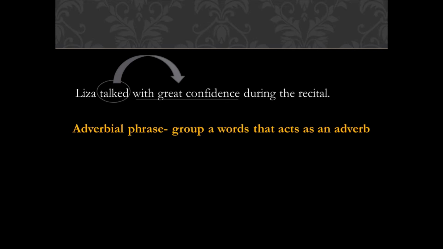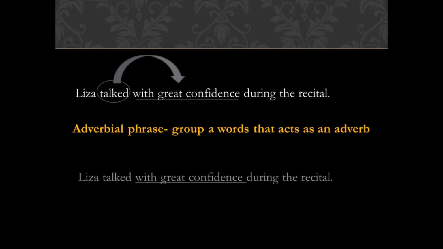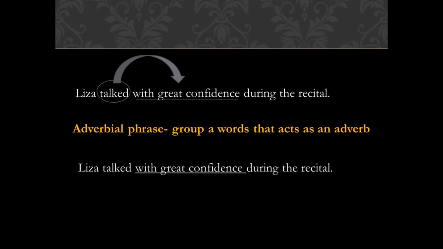What is an adverbial phrase? It is a group of words that acts as an adverb. Now, in the previous sentence, our adverbial phrase is with great confidence. And as you can notice, it starts with the word with, which is a preposition.